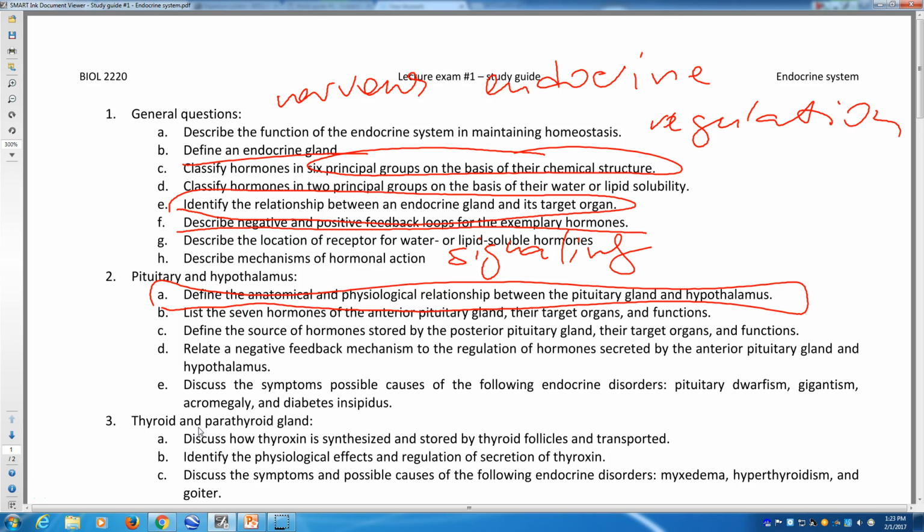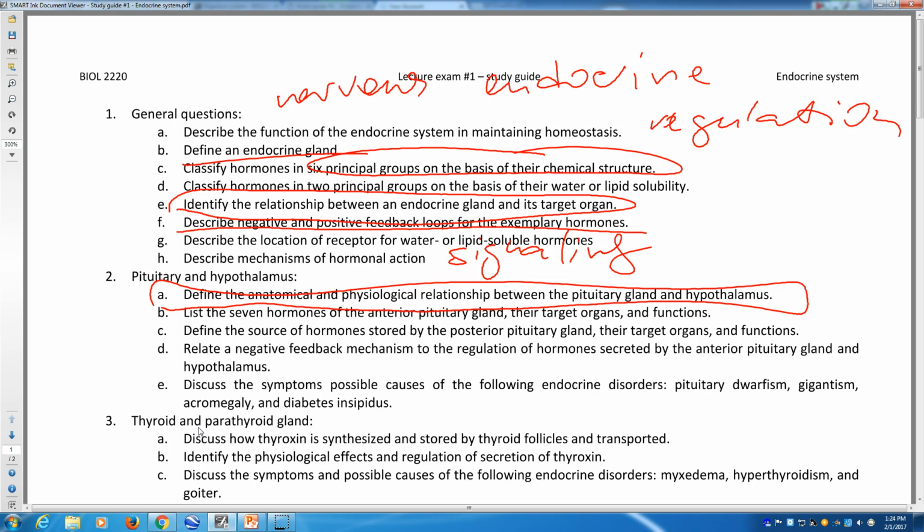And then the anterior pituitary produces its own hormones in response to the hypothalamic ones. What about the posterior pituitary? What is its function? It stores two hormones of the hypothalamus, ADH and oxytocin, right? It does not produce its own hormones.